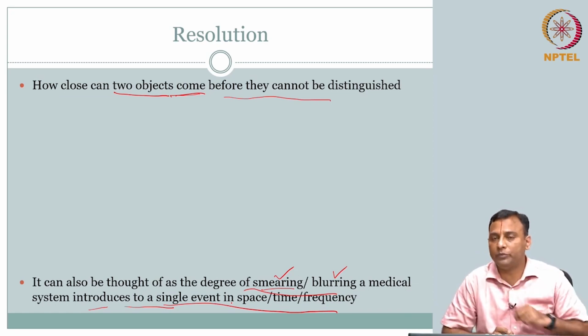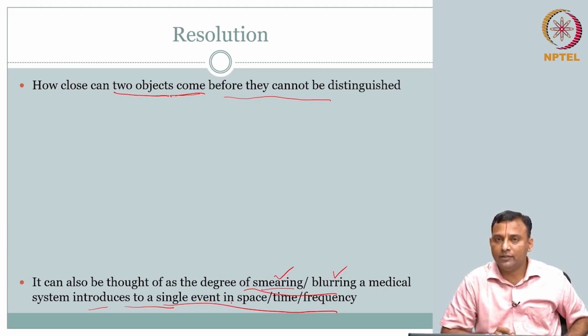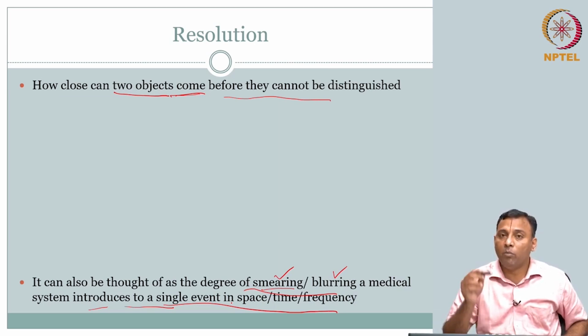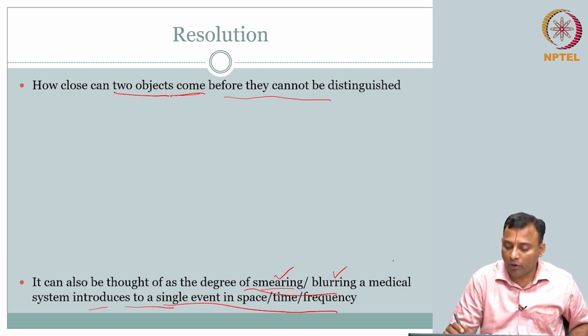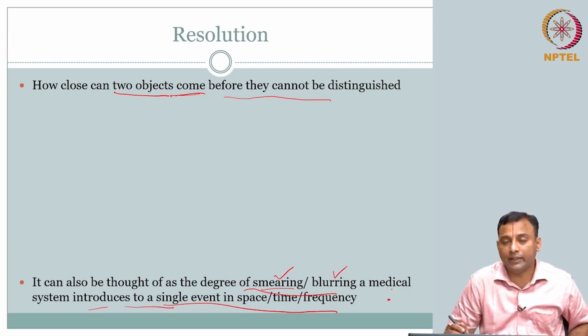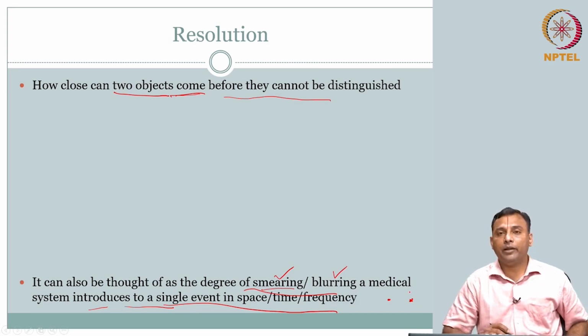But if I have only one object, did we cover something? If you can recall, I put a point, the ideal point, infinitesimally small, but if you take an imaging system to image that point, you may get a slightly bigger point, basically a blurred version of that point.